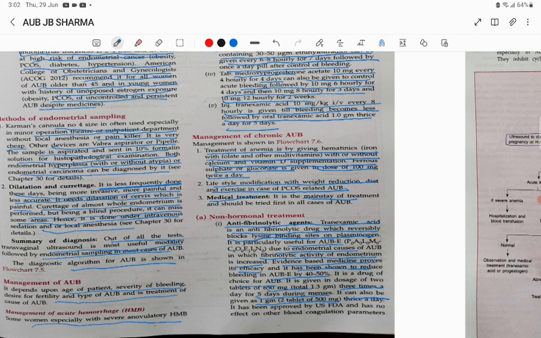If it is 650 mg, 2 tablets make 1.3 grams, thrice a day for 5 days. It has been approved by the FDA and has no effect on other blood coagulation parameters.